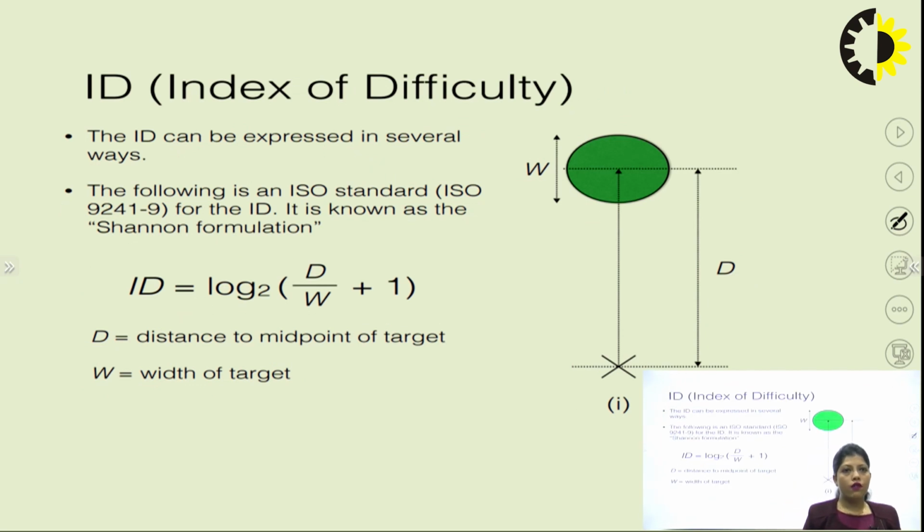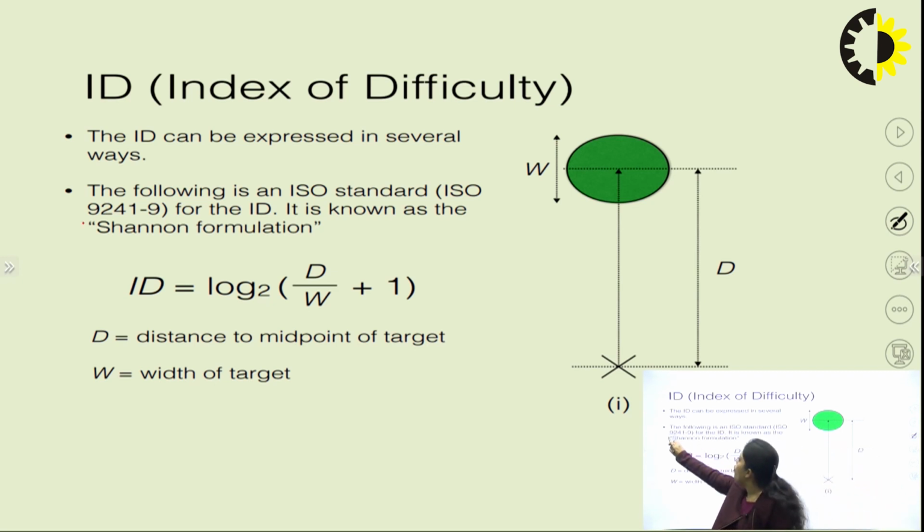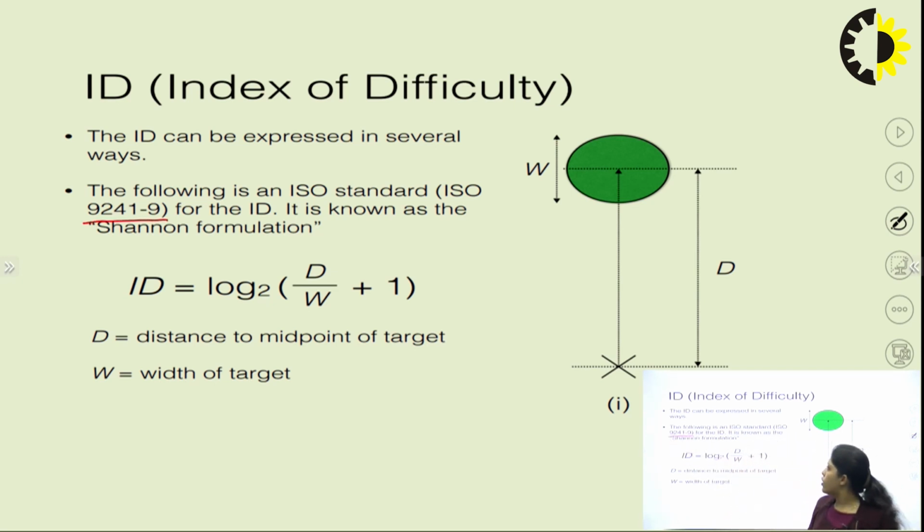So first of all, before calculating the equation, we must know about the ID, the index of difficulty. That means how we can calculate the index of difficulty. The index of difficulty can be expressed in several ways. The following is an ISO standard, ISO 9241-9, for the ID.